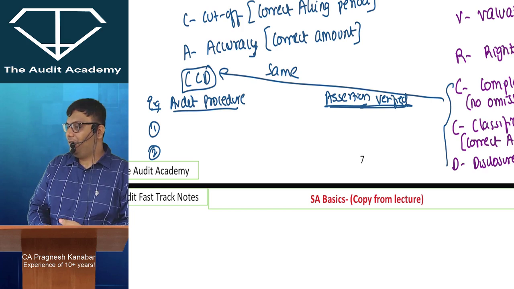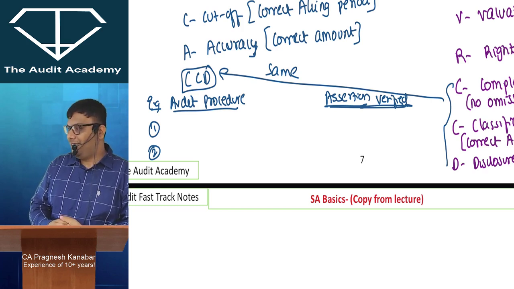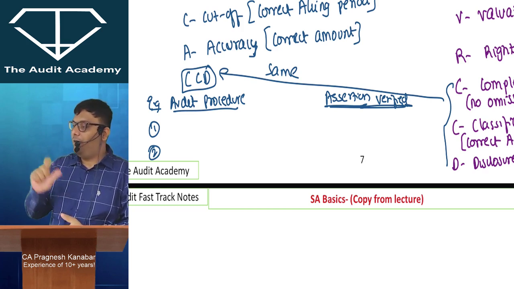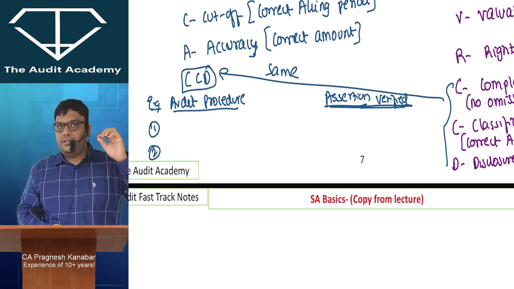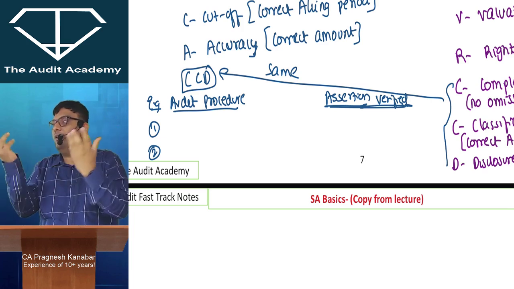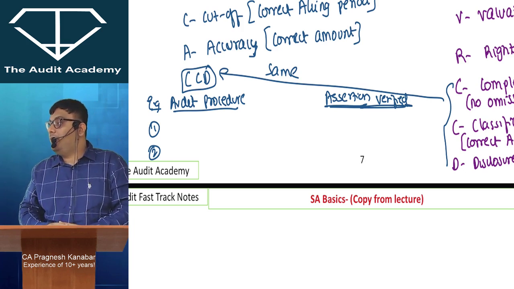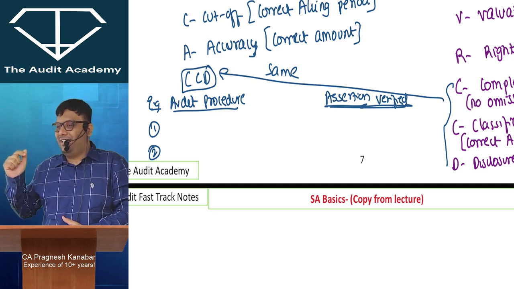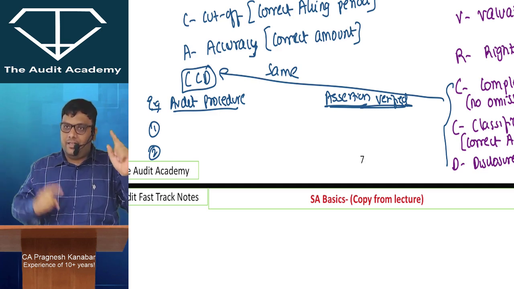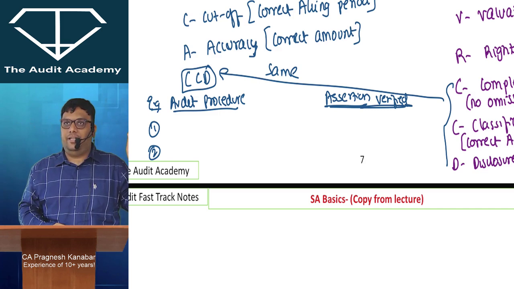Now second audit procedure, whether depreciation has been correctly charged or not. What am I trying to verify? Accuracy, yes or no, sir? No. I am trying to verify valuation. Please understand. Depreciation, why did that item of depreciation get created? So that we can come down to carrying value. Depreciation is a P&L item.